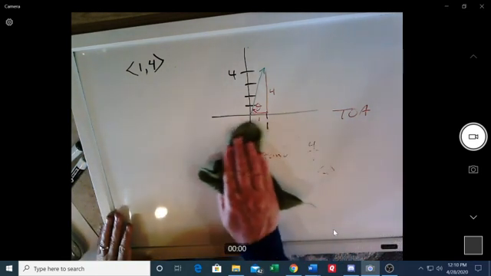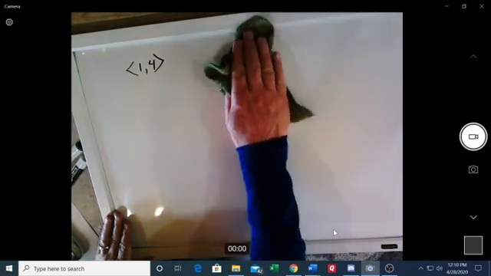Alright, now the big part we need to get to, let me erase this, is how we add and subtract vectors.